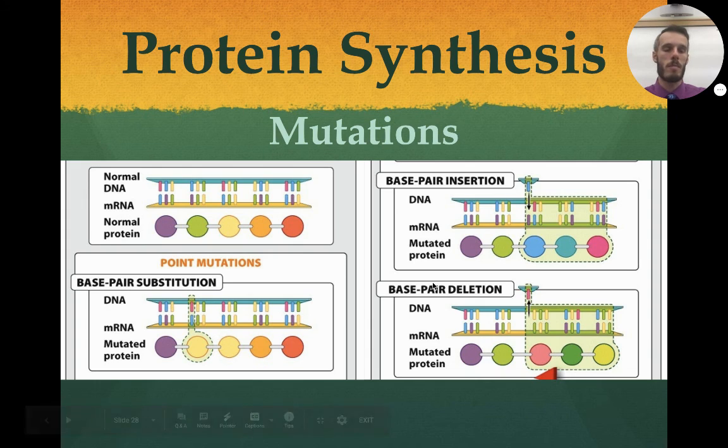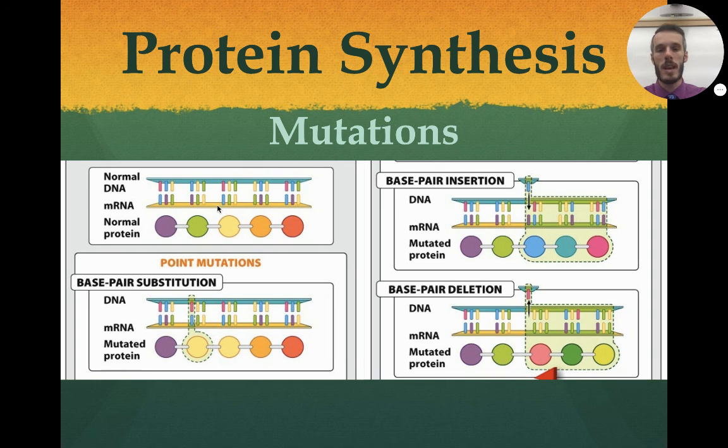Now, a very important part of protein synthesis is that mutations can happen. Now, there are a lot of safeguards that help to reduce mutations, but they can still happen.